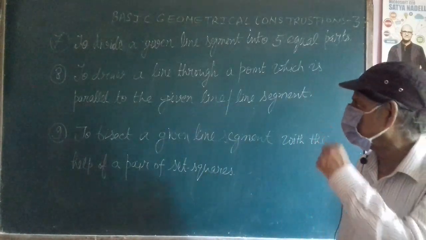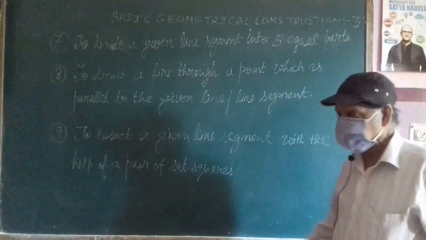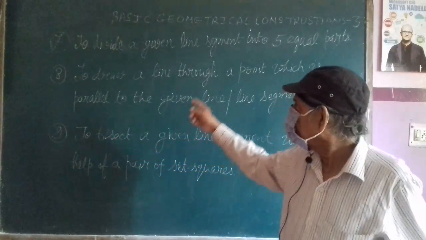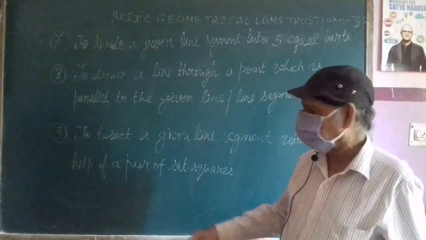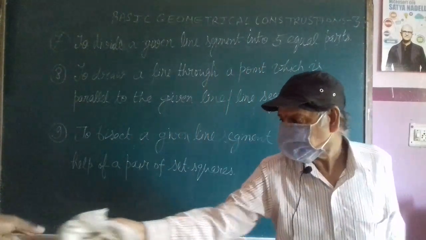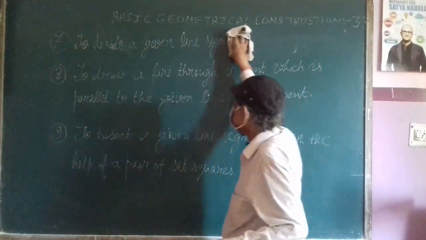Now I am coming to problem number 7, which says to divide a given line segment into 5 equal parts. I will draw the line segment and divide it in 5 equal parts.